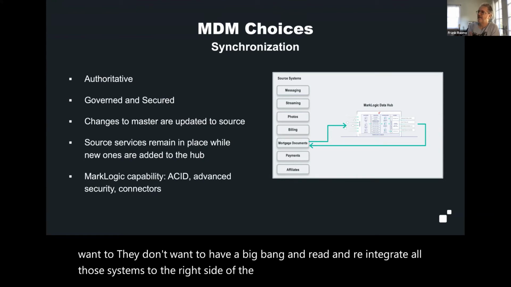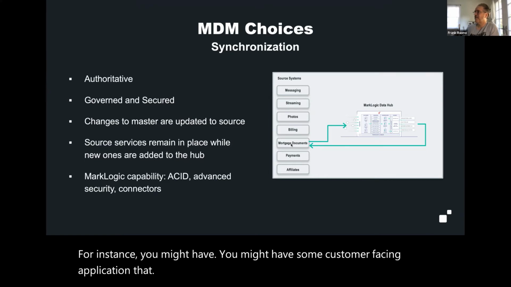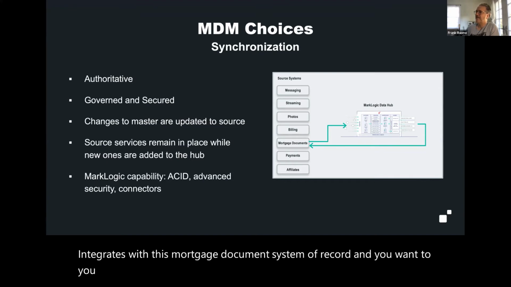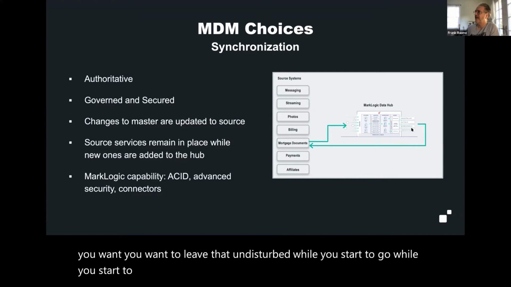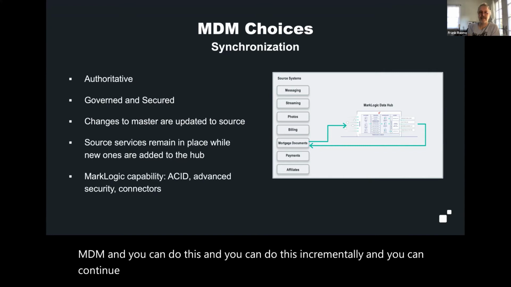For instance, you might have some customer-facing application that integrates with this mortgage document system of record, and you want to leave that undisturbed while you start to put this whole mastering and enriching process in place with MDM. And you can do this incrementally, and you can continue to add new systems of record to the MDM processes that you create.